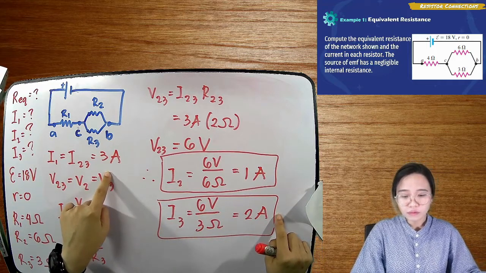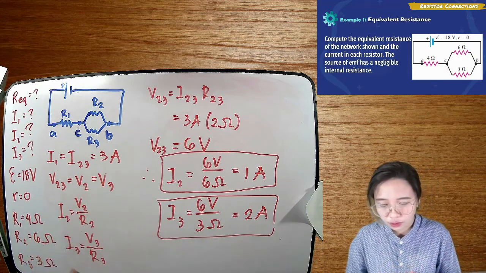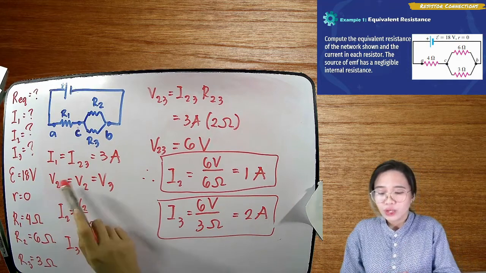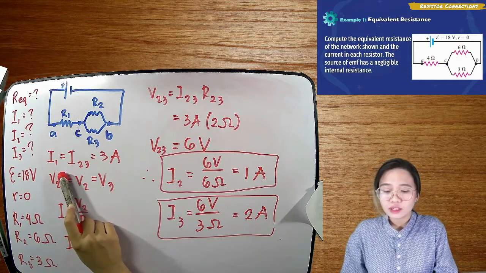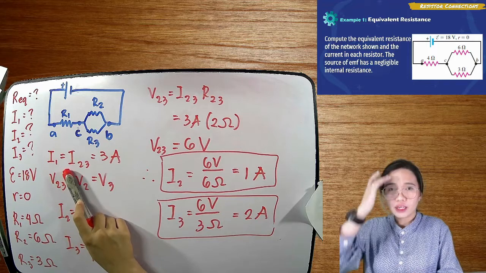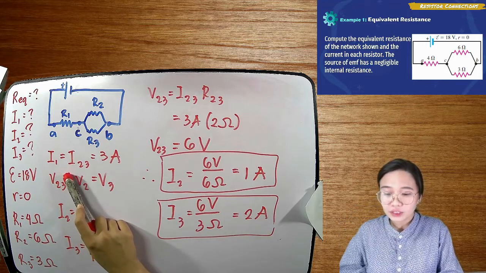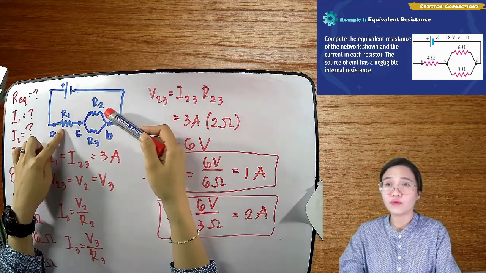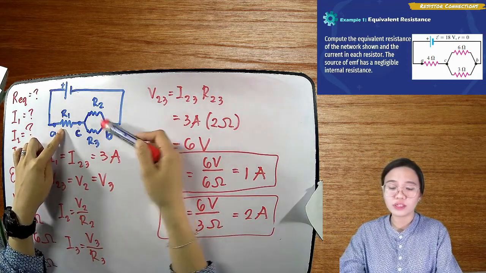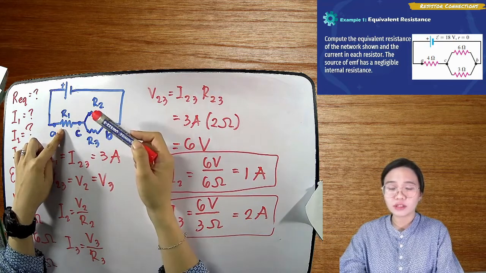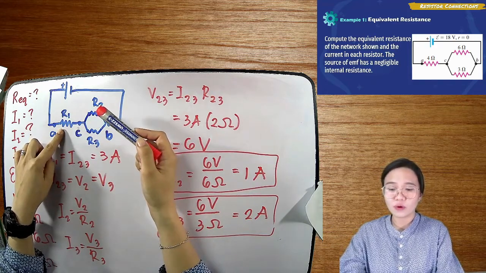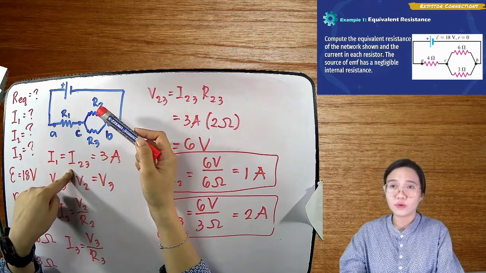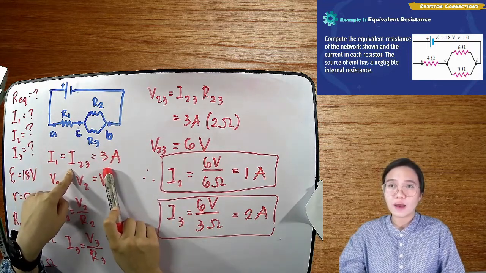Okay? So let's recall what we did in this part. We have solved that your I1 is equal to 3 amperes. And then, since your R1 and the combination of your R2 and your R3, which is R23, are in series, and remember that in series the current is equal, your I1 and your current in R23 are just equal, which is equal to 3 amperes.